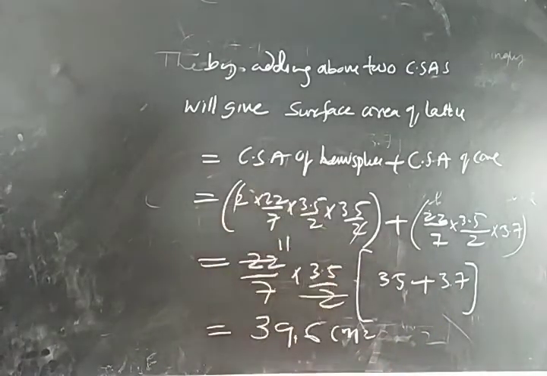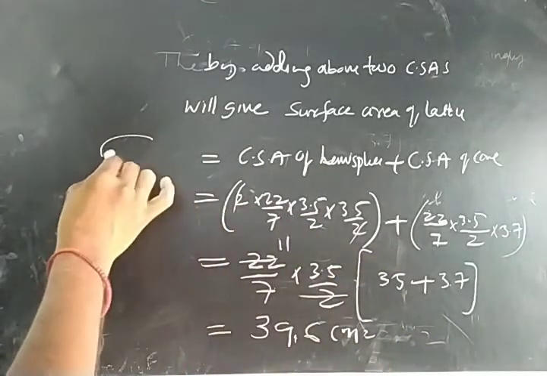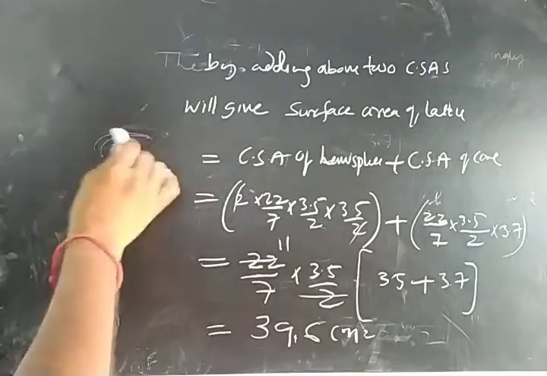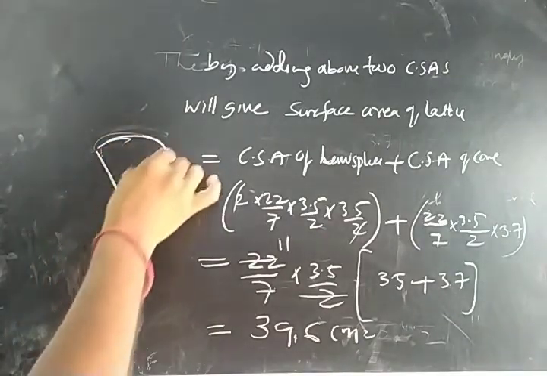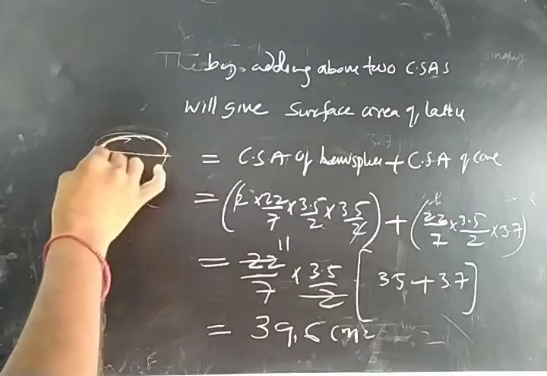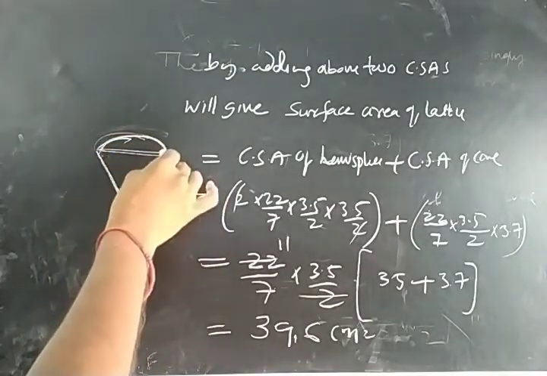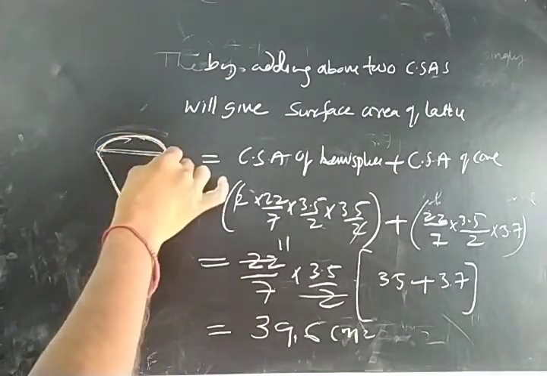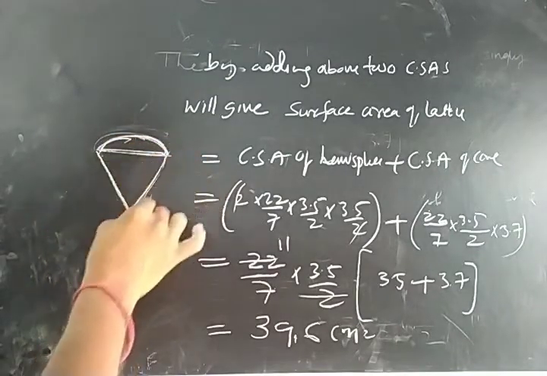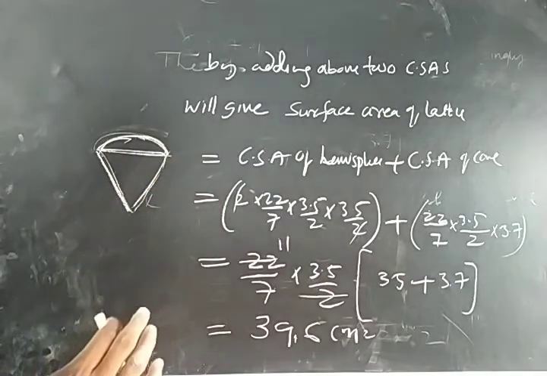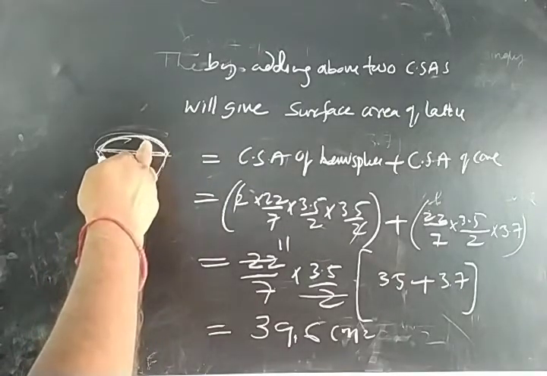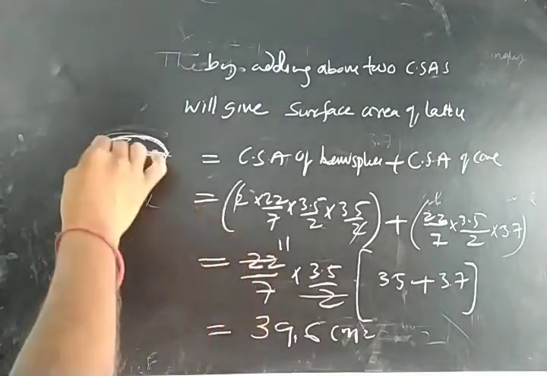And here observe that the CSA of the plateau, this is the shape of the plateau, no? Curved surface area of the plateau means we are not finding the total surface area of this hemisphere and we are not finding the total surface area of the cone. We are not adding total surface areas. We are adding the CSA of the hemisphere. Why?